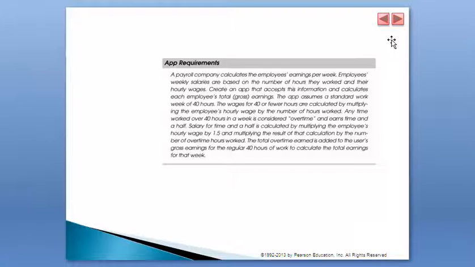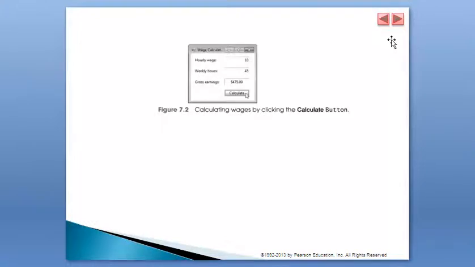So this is the idea. For example, here they say that this employee makes $10 per hour. He worked 45 hours. Then the salary for the week should be 475.